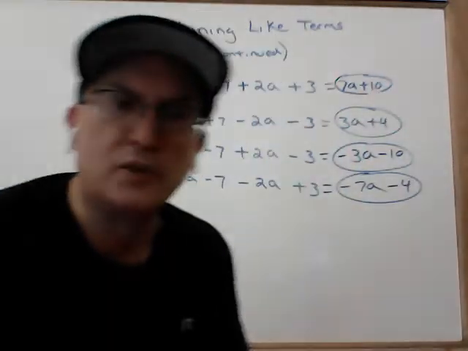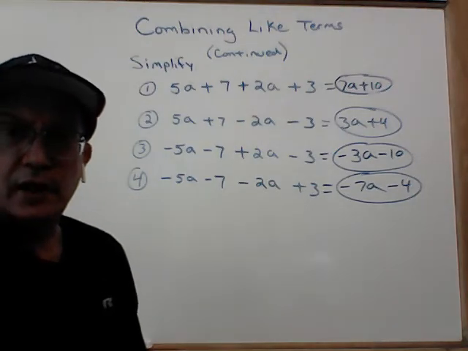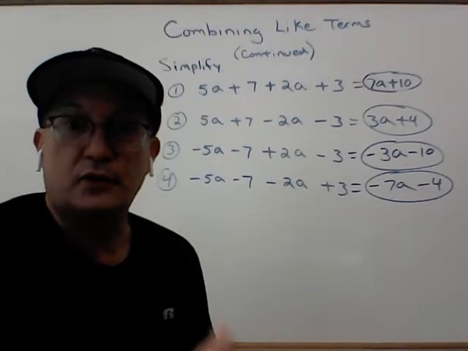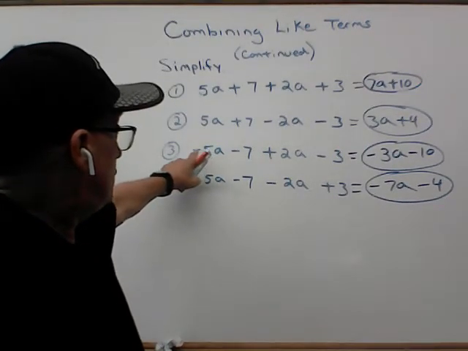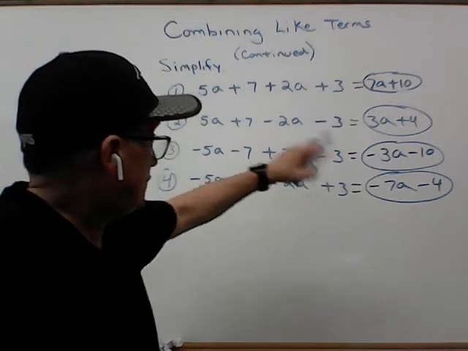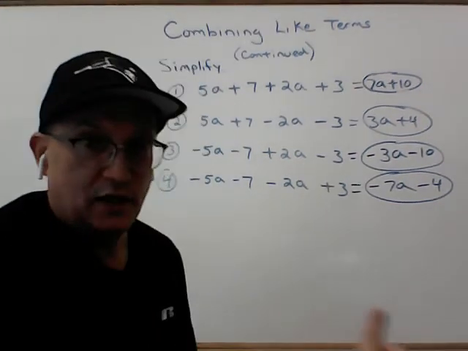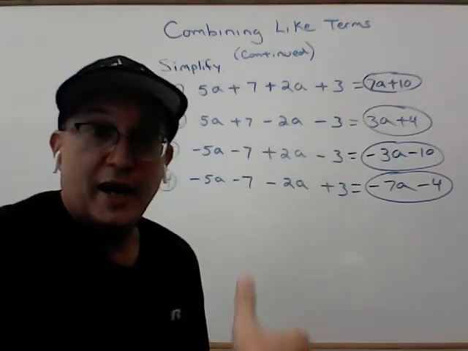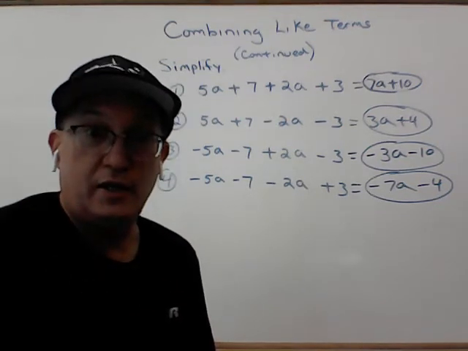I did that on purpose to show the variety of how these expressions can come to us. And you've got to know that negative 5a plus 2a is negative 3a, but negative 5a minus 2a is negative 7a. You have to understand that distinction, which of course goes back to when you learned adding integers in 6th grade.